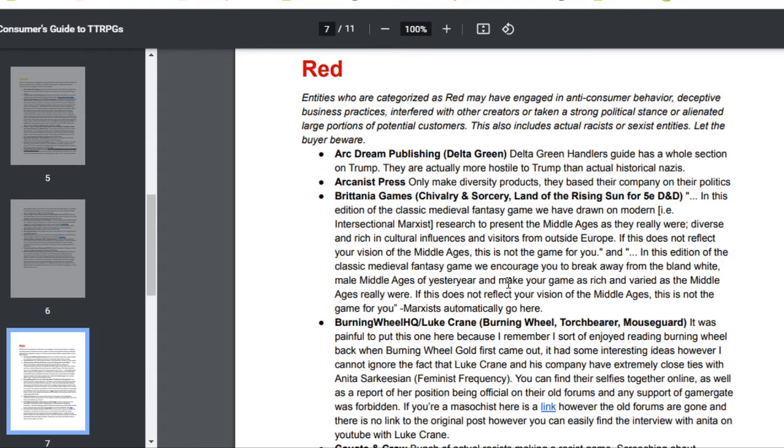But you get the idea that there's this gradient here. They're either not political or everyone is good, green. You're a little political, but you're still accepting of everyone, yellow. Or you're really political and you just hate your customers or your community that are not like you, and that's when we get into red. I think a lot of that is really focused on the community and acceptance part of that.